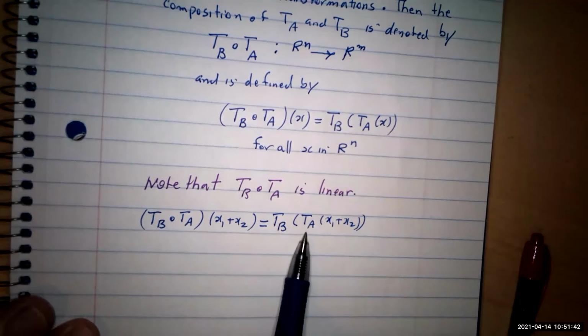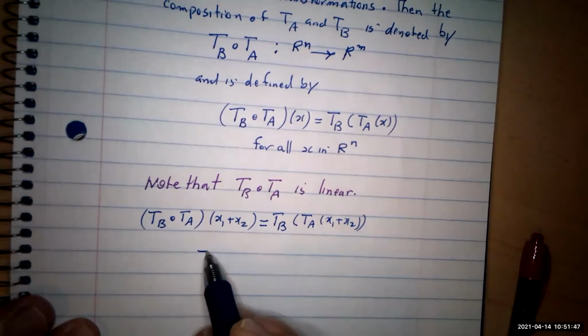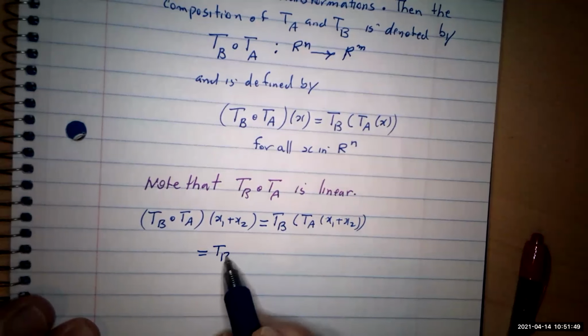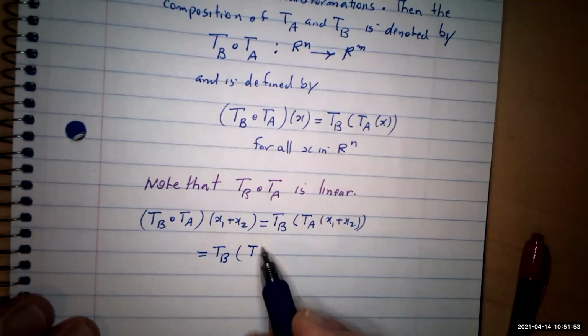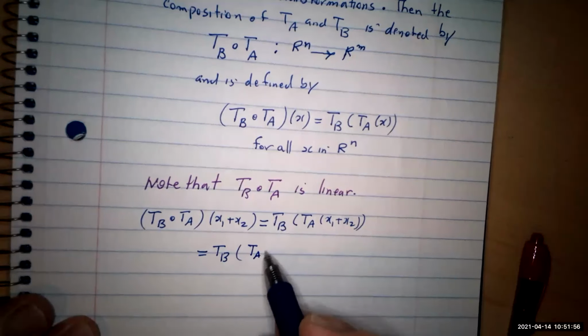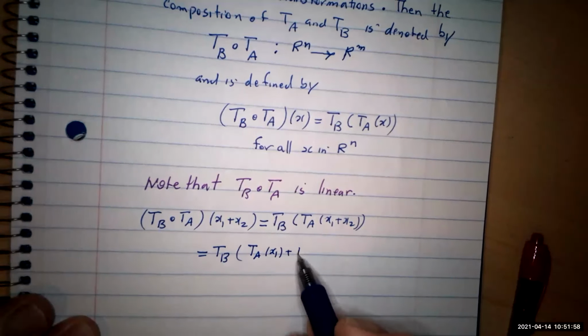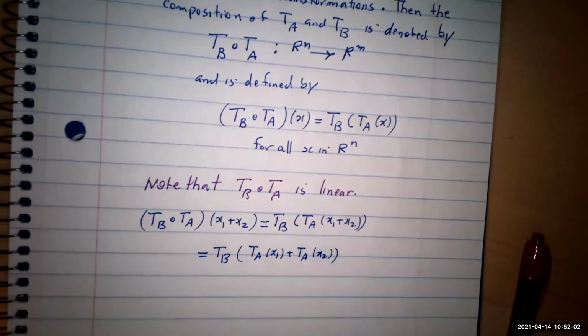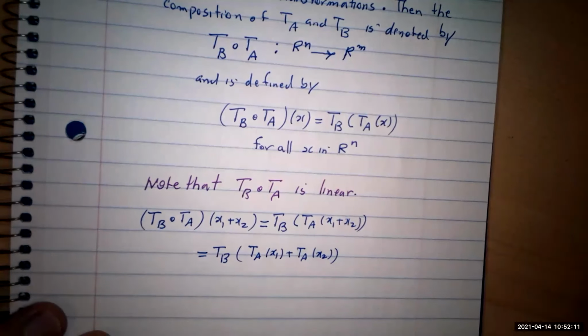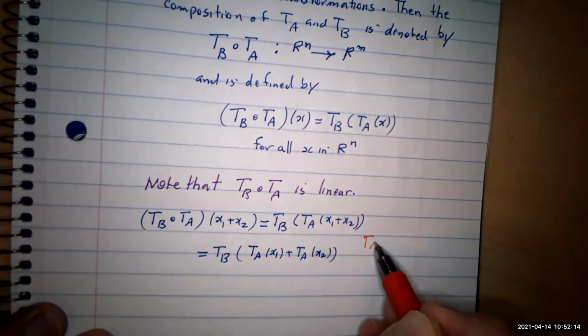But you know that TA is linear, so this is equal to TB of TA of x1 plus TA of x2, because TA is linear.